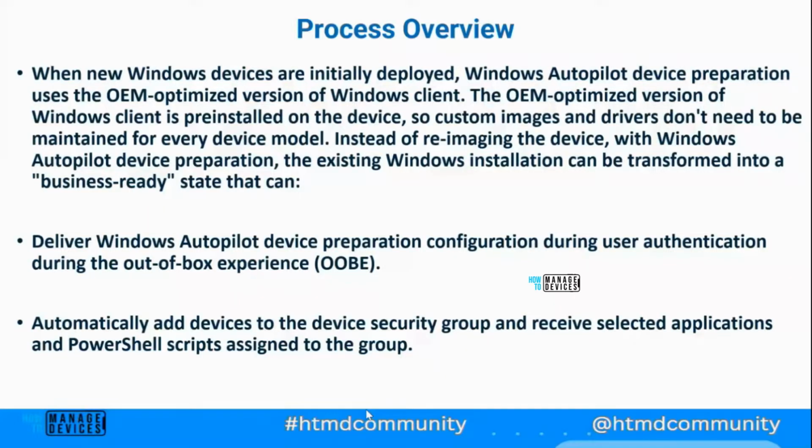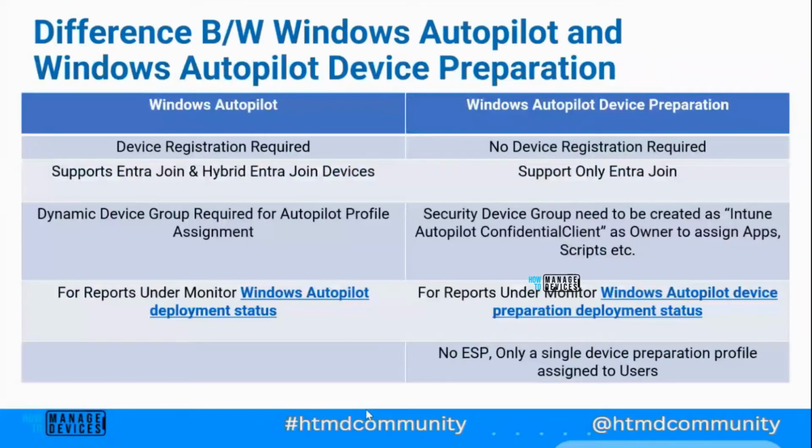Even here, I just mention the difference between the traditional Autopilot method and the new Autopilot device preparation policy. A few points. Device registration is required in our current Autopilot method. We have to dump the hardware hash, collect those IDs and register them to Autopilot.